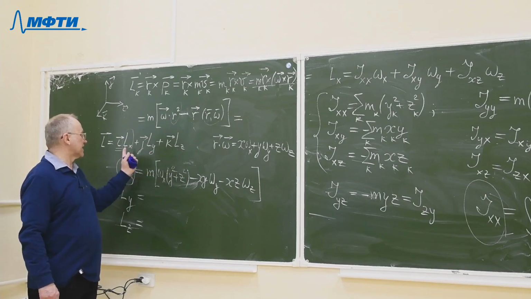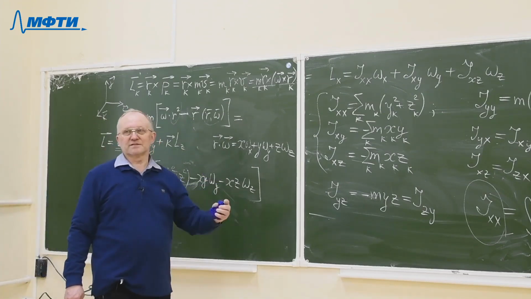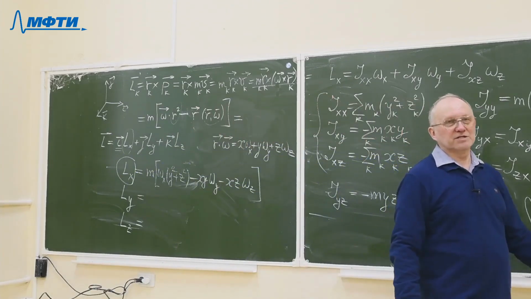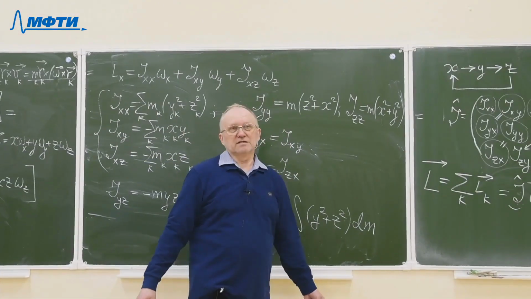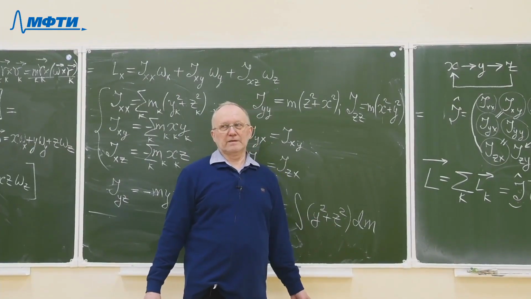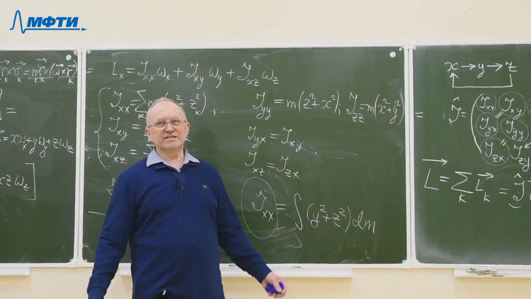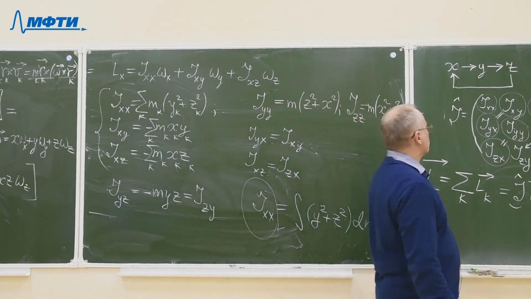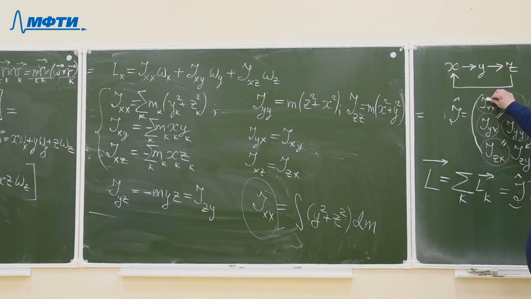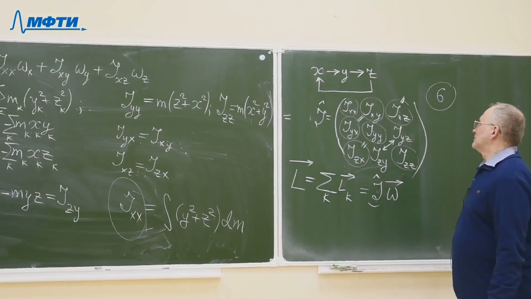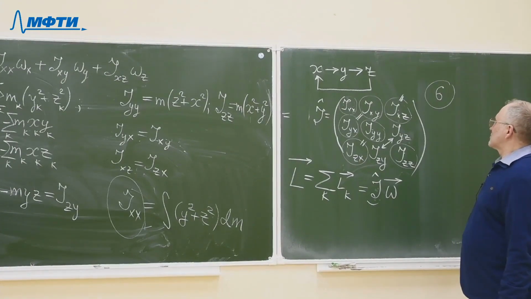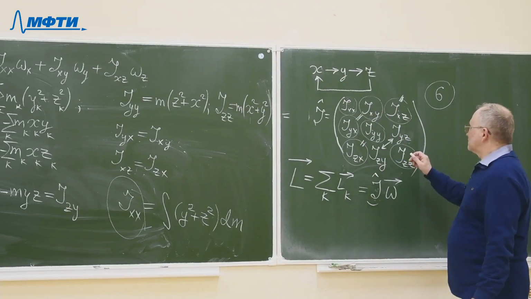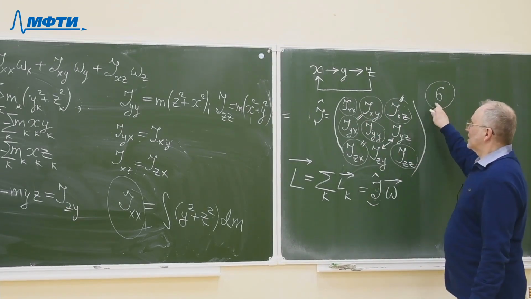And what is a zero-rank tensor? A zero-rank tensor is a scalar, just a number, just a quantity. And a first-rank tensor is a vector, which is just one column in this matrix. And a second-rank tensor is 9 quantities. For symmetric tensors, 6 of them are independent.